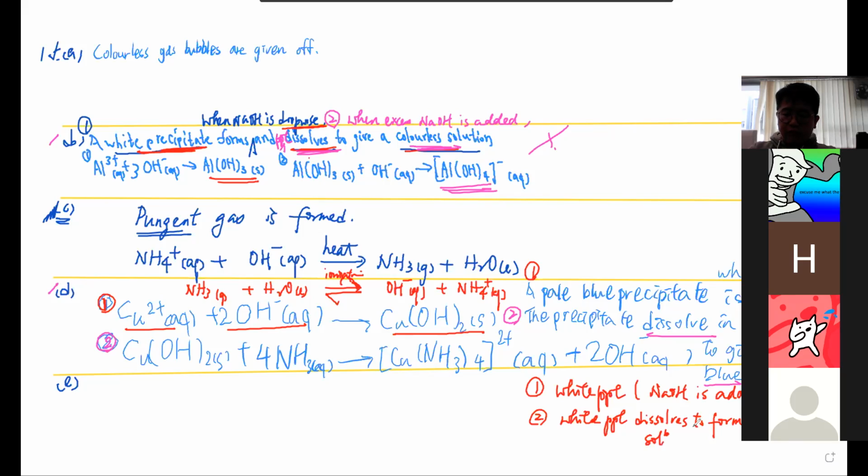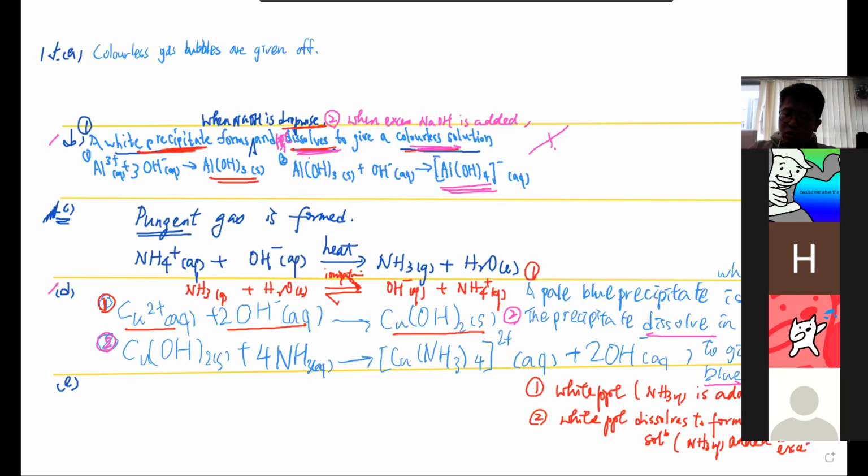Now, if you don't know the color of the solution, don't worry, you just write the equations and try to see if it gives you a clue. So this is not NaOH, it's ammonia. Why do I write it like this? It's ammonia. Ammonia solution is added dropwise. So the second case is ammonia solution added in excess.